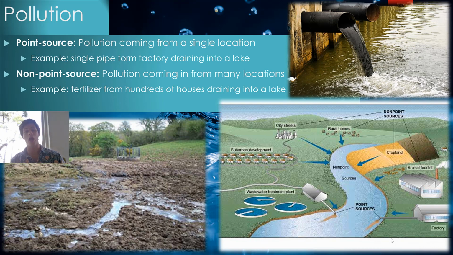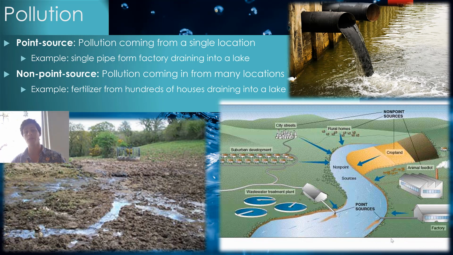Now contrast that with non-point source pollution. Non-point source pollution is pollution coming from a variety of different locations all at one time. This is a diffuse form of pollution and is something that we were talking about a little bit when we were talking about groundwater pollution because it comes from so many different locations.